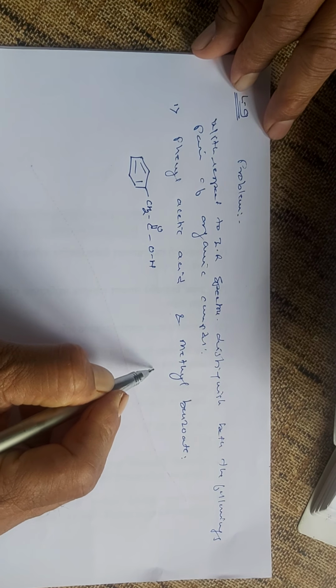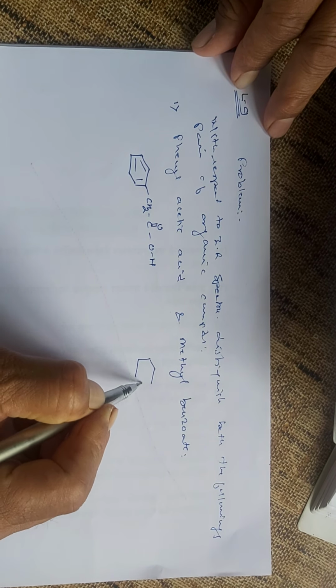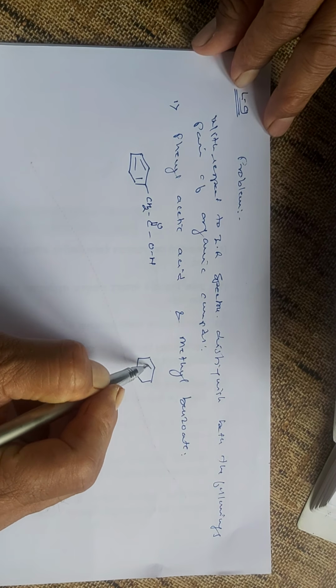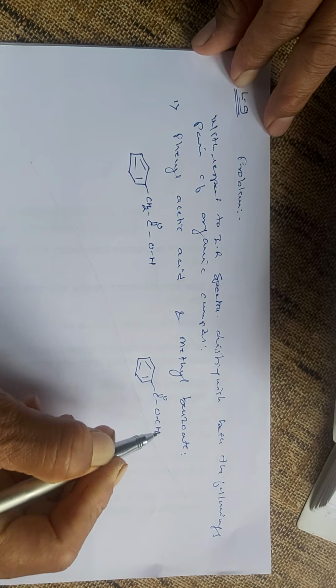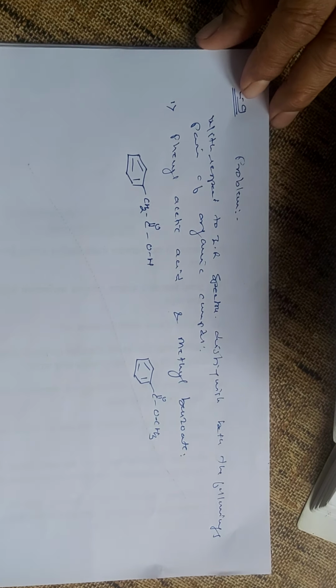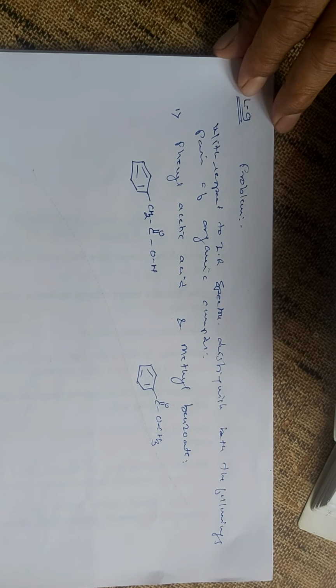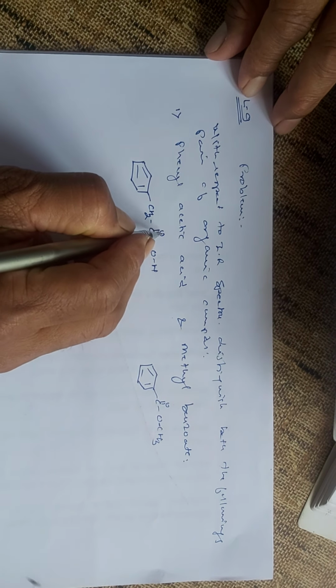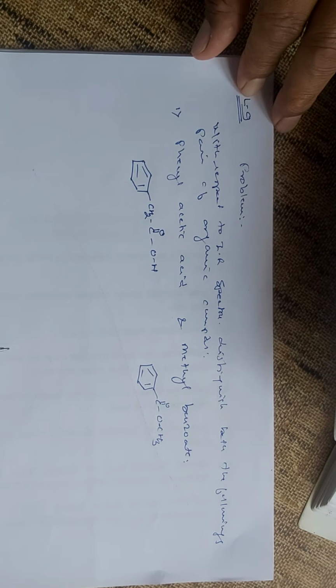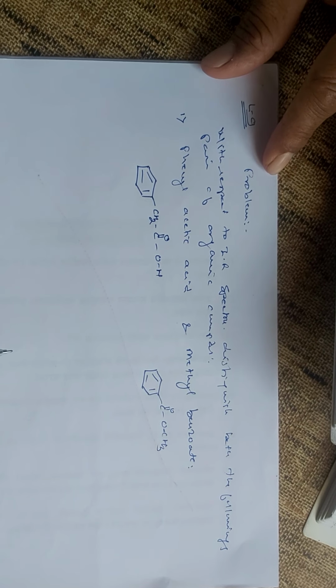And the methyl benzoate, so here we have got two molecules, phenylacetic acid and methyl benzoate. So by using IR spectroscopy, we want to discuss the distinguishing features of these molecules.